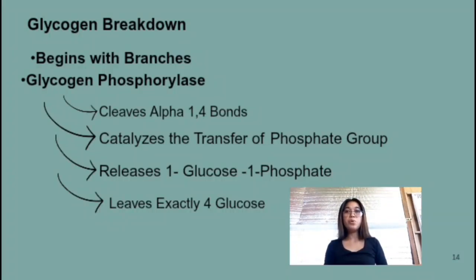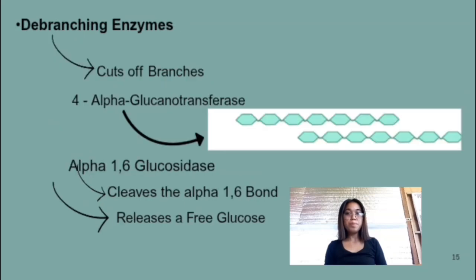It keeps on doing this until it leaves exactly 4 glucose. Next is the debranching enzyme, which cuts off branches. It has a component called 4-alpha-glucanotransferase, which transfers 3 out of the 4 glucose molecules of the branch, reattaching them to the linear glycogen, thus extending it as a result.